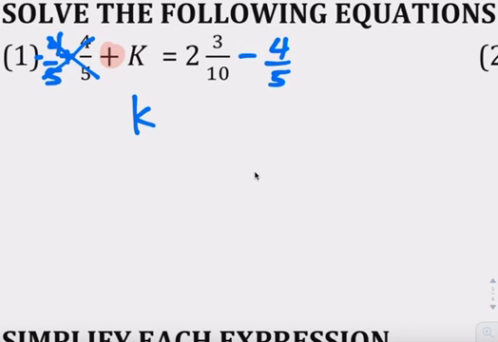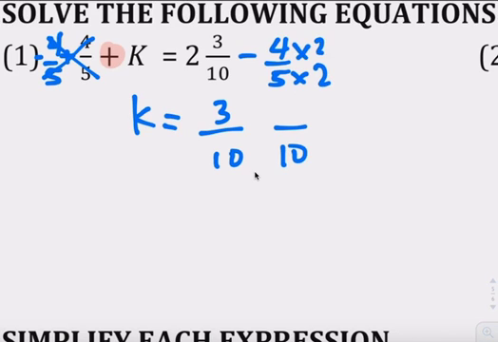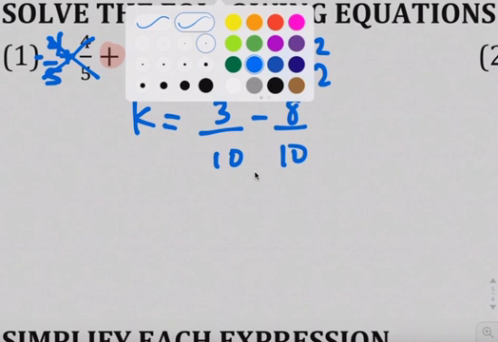You got k equals, common denominator is 10. This is 3 times 2, that's 6, and this is 4 times 2, that's 8. Subtract. You can't subtract, so you have to borrow from the 2.